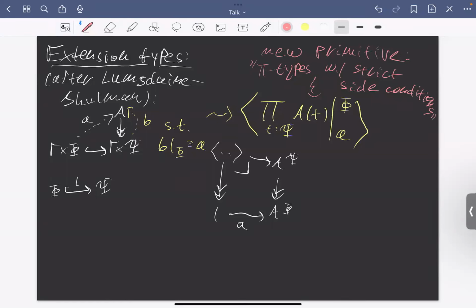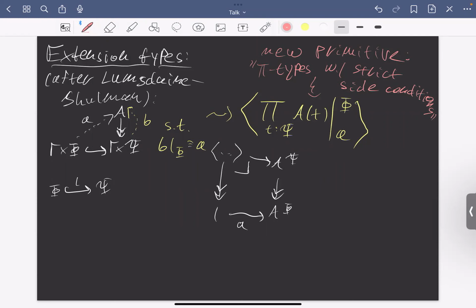So you have a lambda abstraction and application, but then you also have these judgmental restriction conditions up to judgmental equality in the premise or in the conclusion.